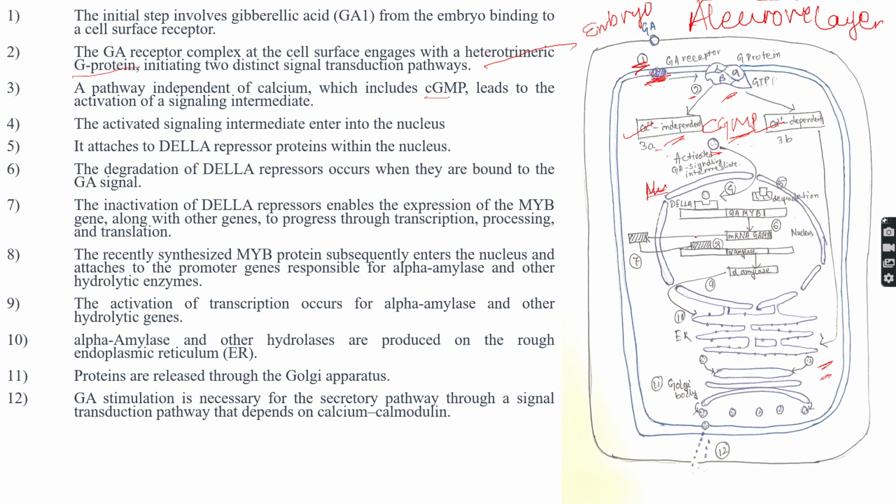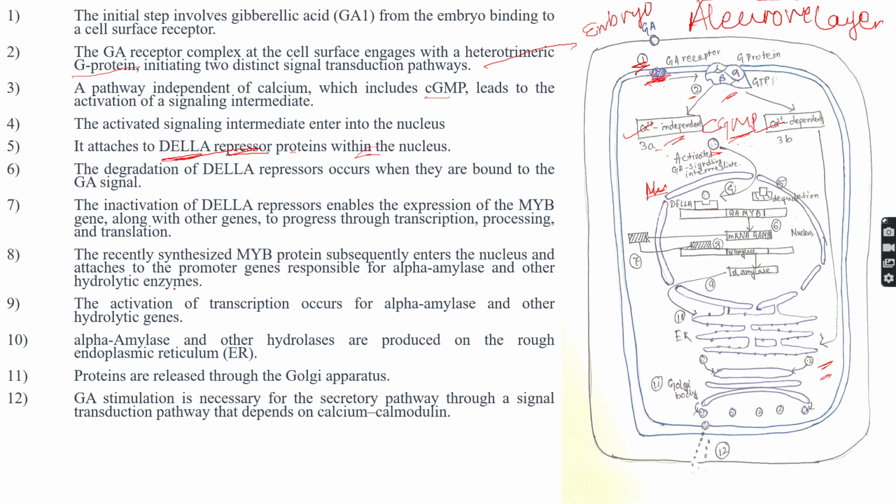After entering into the nucleus, it attaches to the DELLA protein. DELLA is basically a repressor of gibberellin within the nucleus. So within the nucleus, this GA signaling intermediate will attach with the DELLA protein, and after attaching to the DELLA protein, it will start the degradation process of the repressor DELLA.